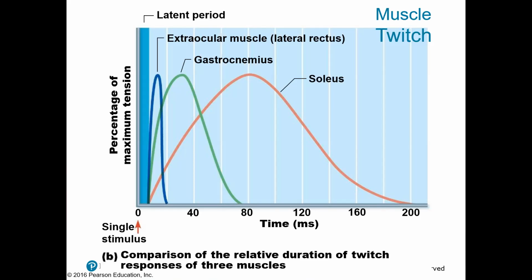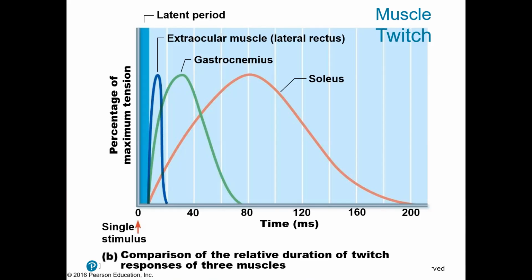To us, it's always instantaneous. We don't say, oh, look, there goes my soleus muscle. Oh, now it's contracted. Good, now I can do something with it. Doesn't work that way. We can't comprehend how quick 80 milliseconds really is. That's 80 thousandths of a second.